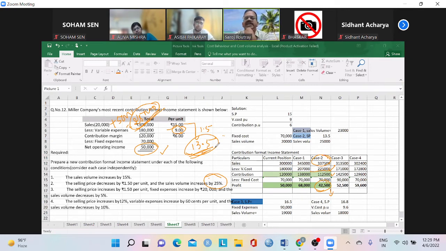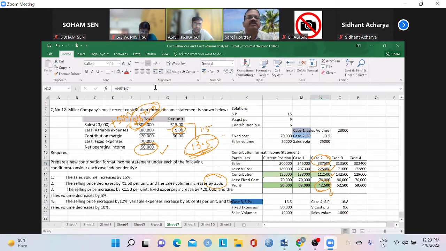Please check it once again. I don't know, possibly I would have made some mistake somewhere. Directly you can do 13.5 minus 9 equal to 4.5 into 25,000.